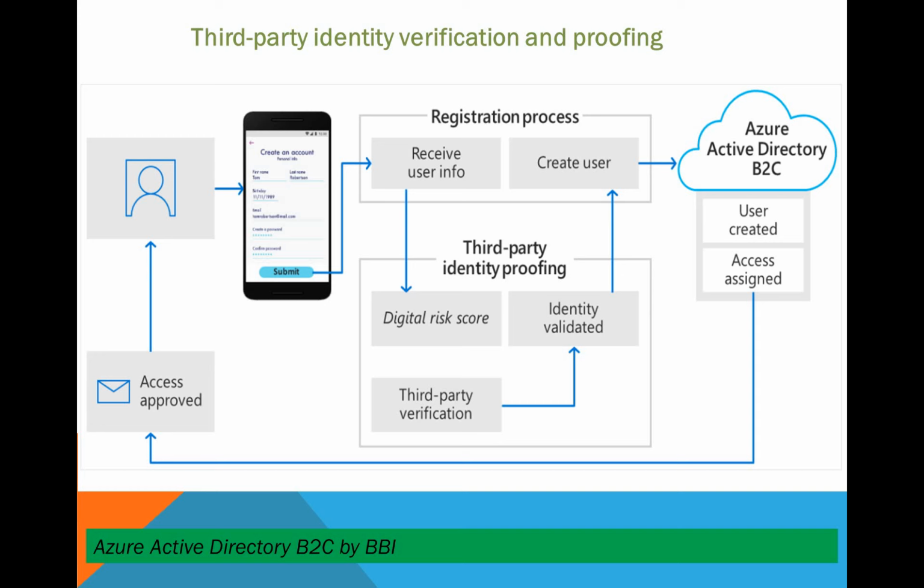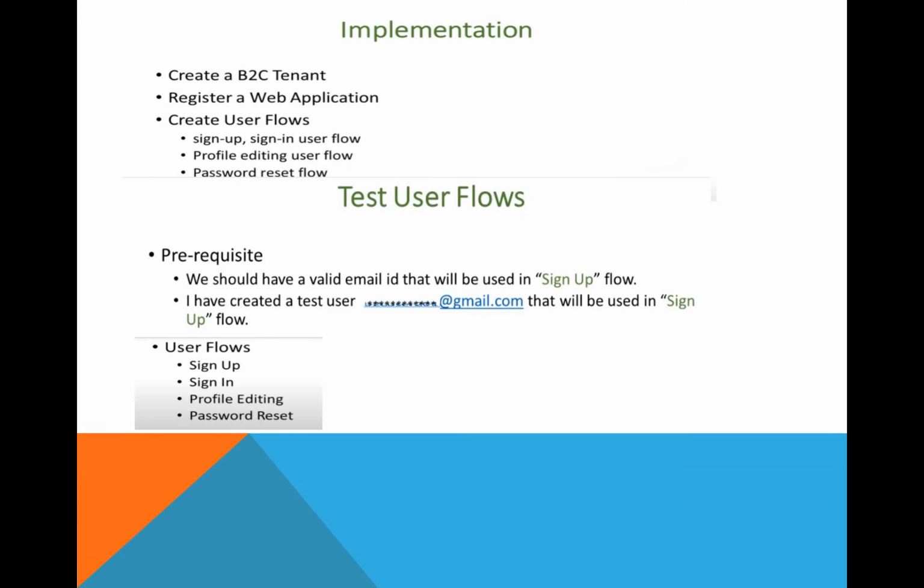And the next one is, if we want to implement the Azure Active Directory B2C service, what we need to do. Here is a set of steps. First you need to create a B2C tenant, then register your web application, and then third, create user flows: sign-up, sign-in flow, profile editing flow, and password reset flow.